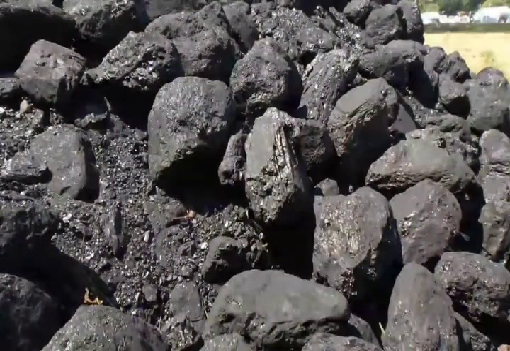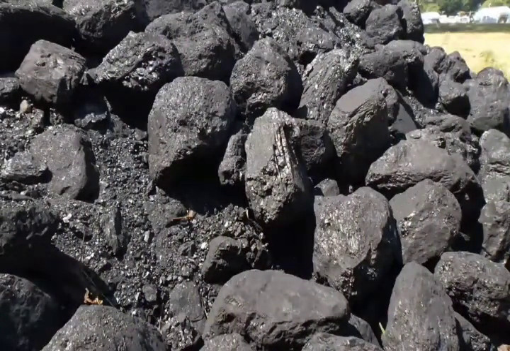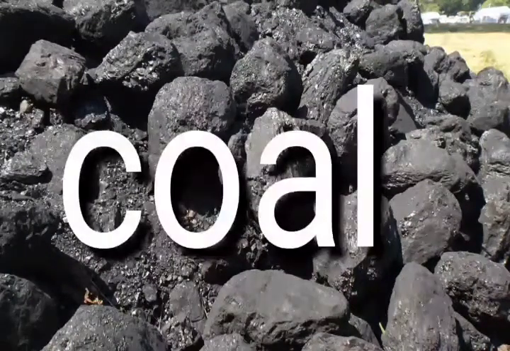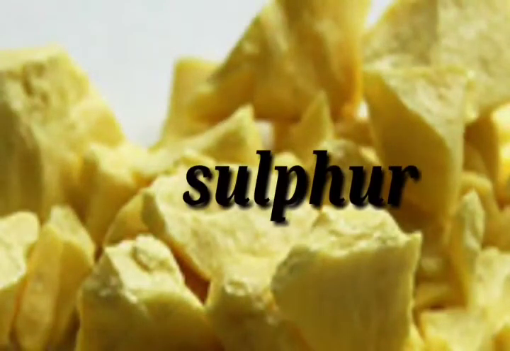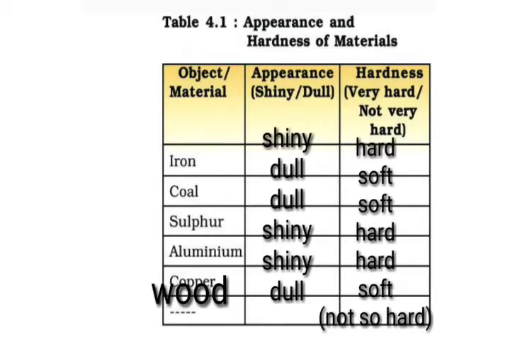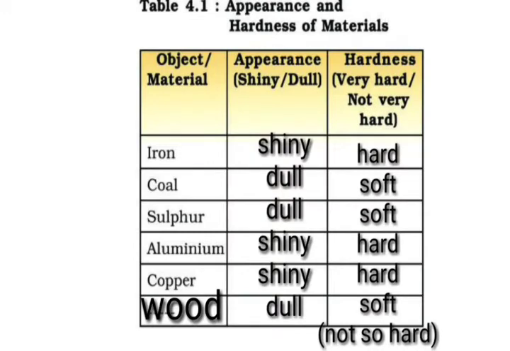Now let's list out some materials and understand. Look here. What is this? This is coal. Are they shiny? This is sulphur. Sulphur powder. Sulphur is an element. It is in the powdered form. But children, we have already categorized the materials which are shiny and hard as metals.